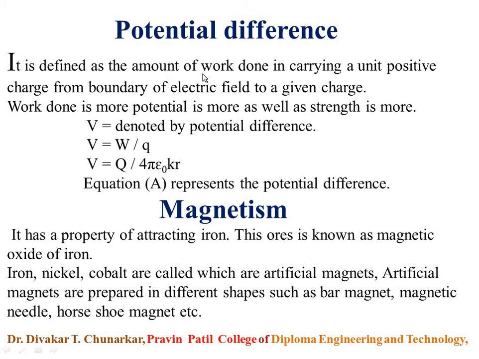Potential difference is defined as the amount of work done in carrying a unit positive charge from the boundary of electric field to a given charge. The difference between 2 points is called potential difference.